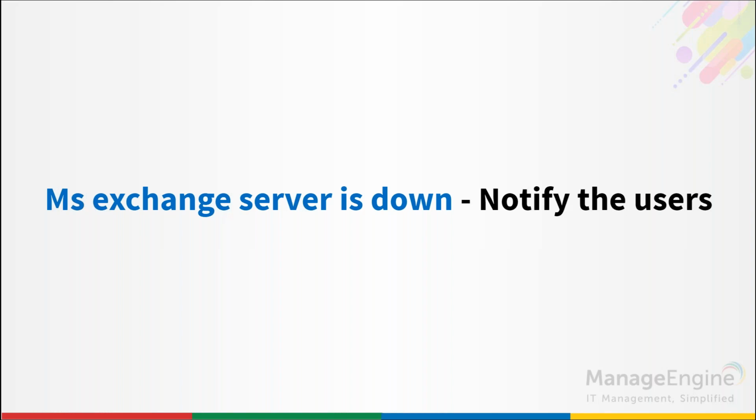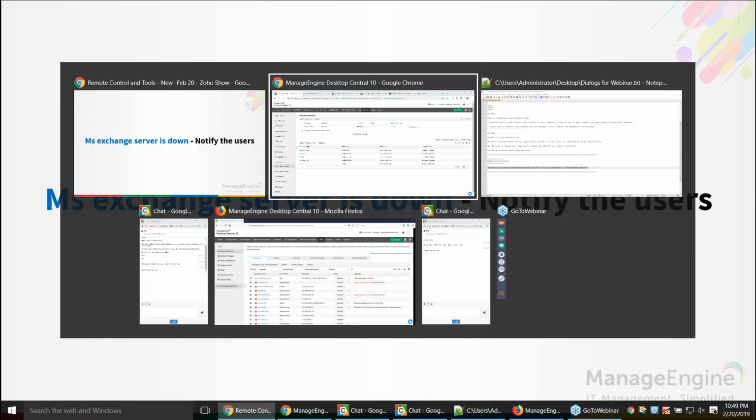So to avoid these kinds of scenarios, I want to inform the users beforehand that we are already working on this particular issue and it will be fixed in a particular time. So how do I use Desktop Central to notify the users about this condition?